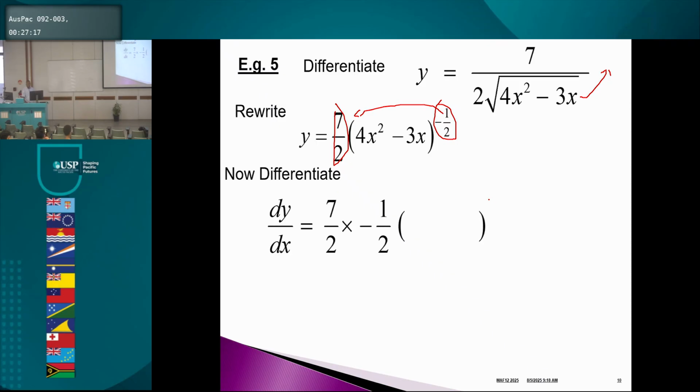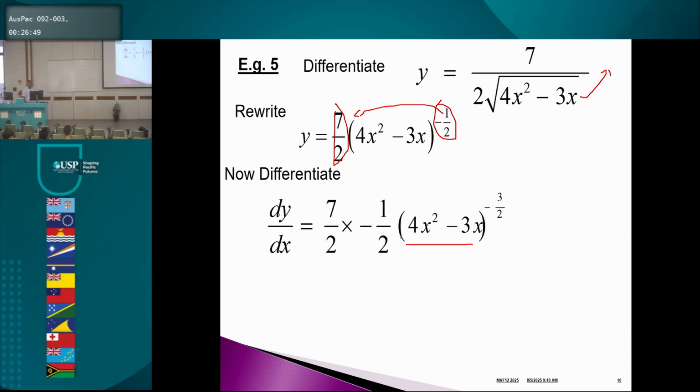What will the new power be? Negative half minus 1. Please change the power to an improper fraction. Don't write it as a mixed number. So I think it's negative 3 over 2. Yep. And this remains untouched, the inner function.